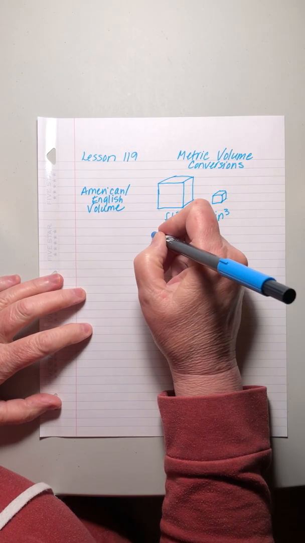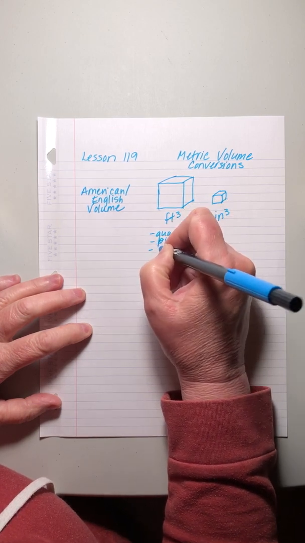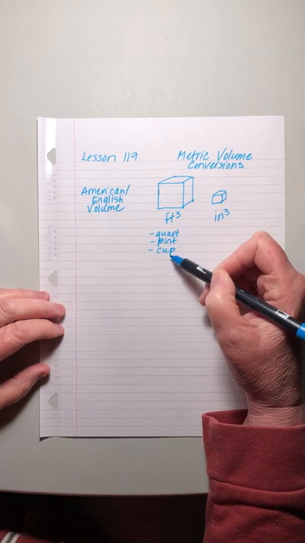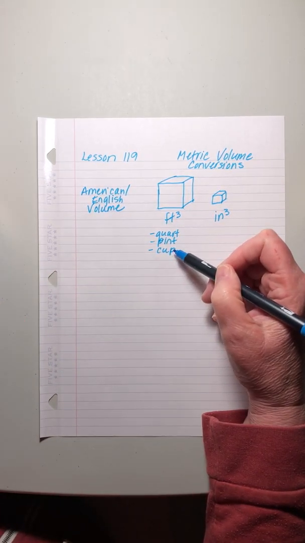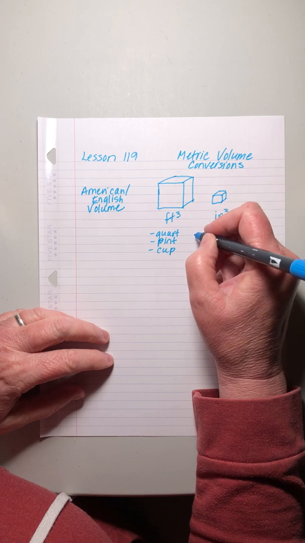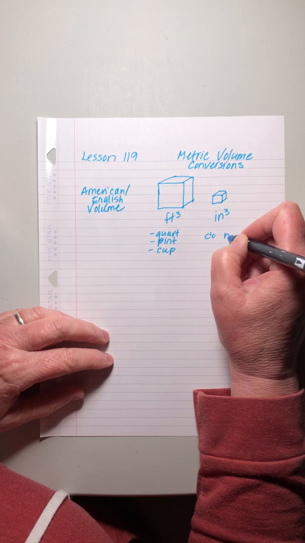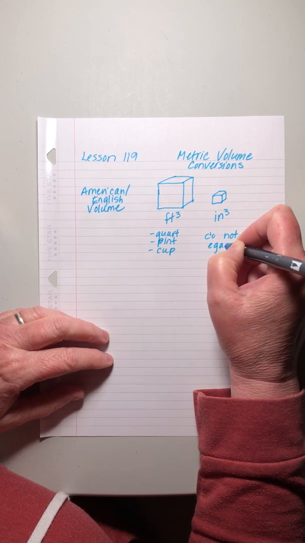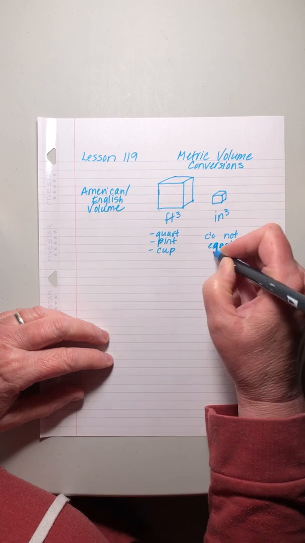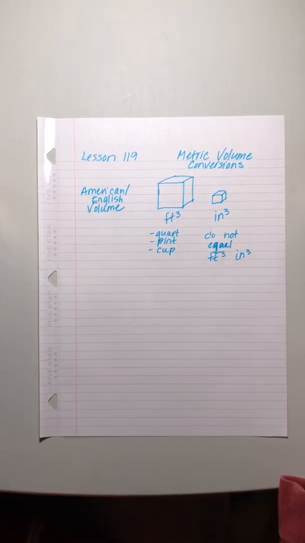Now, we also have what we might call volume units, which are things like quarts, pints, a cup, right? These are ways that we typically measure liquids, right? But these do not equal feet cubed or inch cubed or any of our other lengths, right?